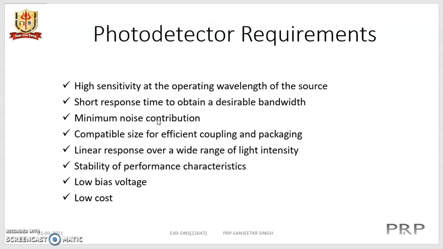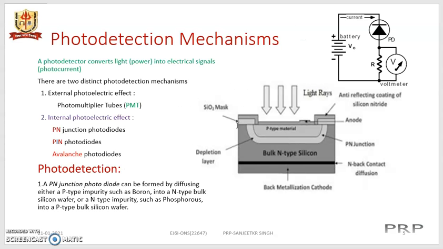Minimum noise should be produced, and the detector should be compatible in size for efficient coupling and packaging, with linear response over a wide range of light intensity, stability in its performance, low bias voltage requirement, and low cost.